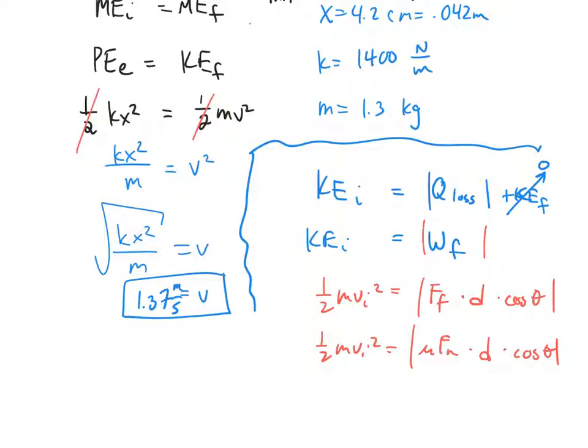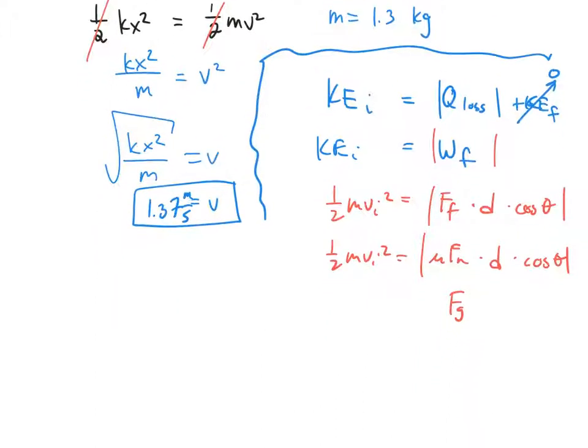On all objects, what acts down? The weight, which is mg. So Fn is in equilibrium with the weight, which is Fg. So I can replace Fn with Fg, but Fg is really m times g. So I'm, one step at a time, replacing everything along the way, and the rest carries down.